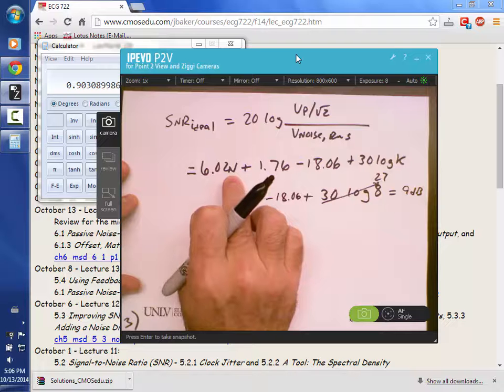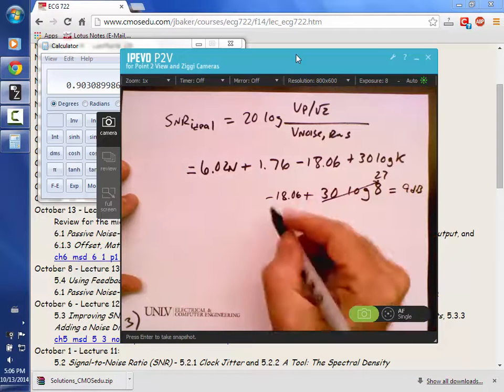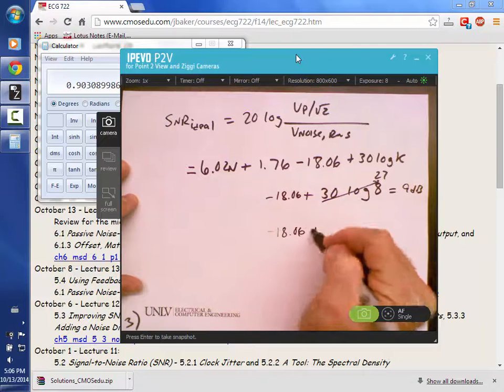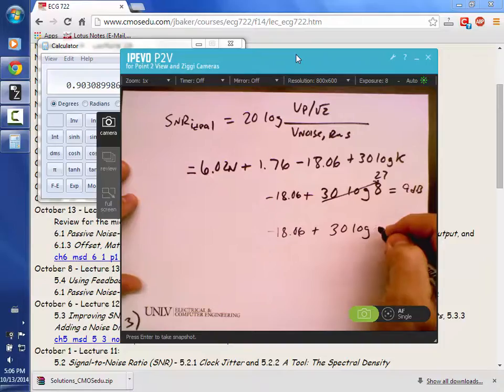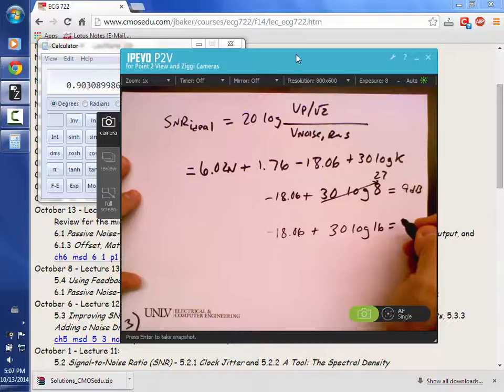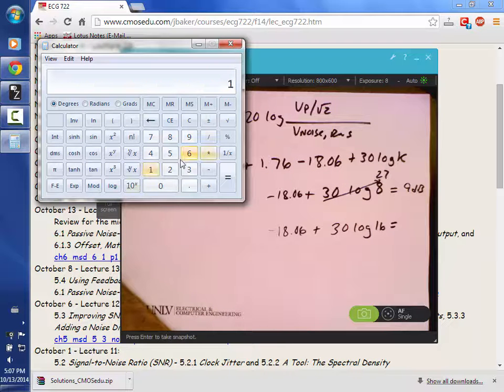Let's say that I double the oversampling ratio or I double the number of points. So then I'm at 18.06 plus 30 log of 16, which we can probably all do in our heads, but what does that result in? Here, let's do the math instead of saying we can do it in our heads. So then I go, all right, so I got 16 log 1.2 times 30 equals 36.